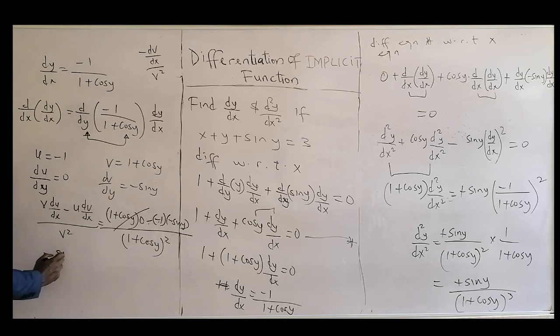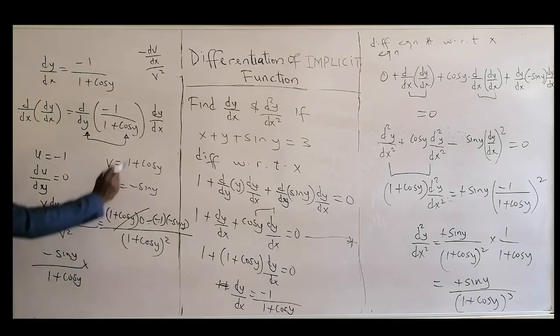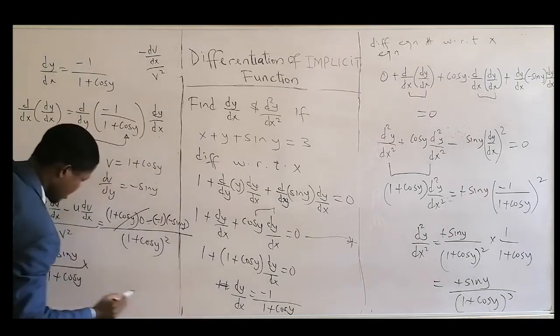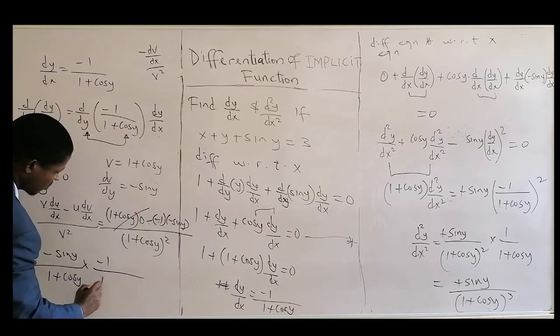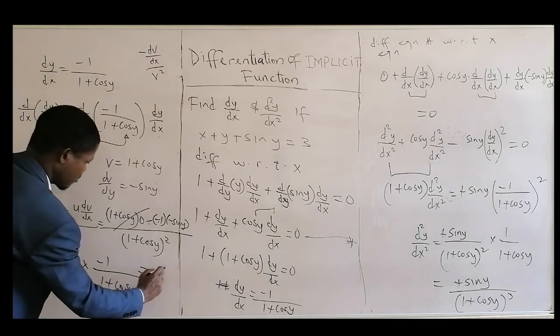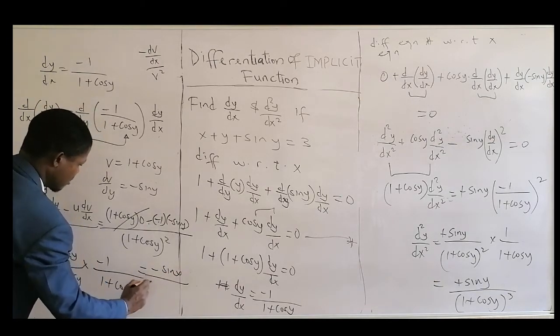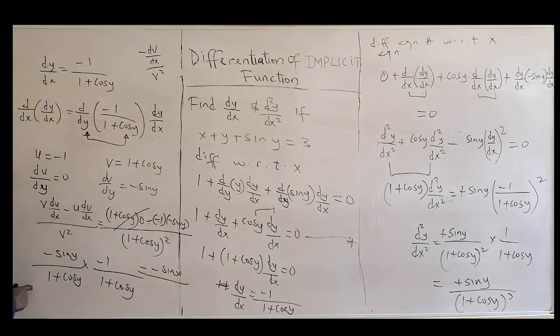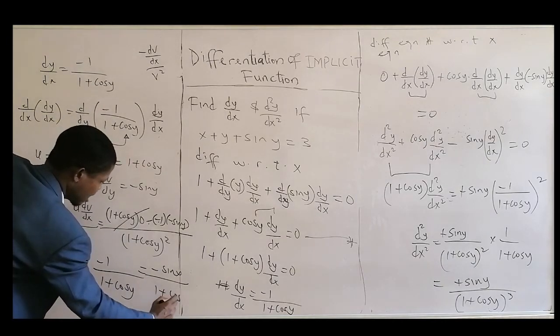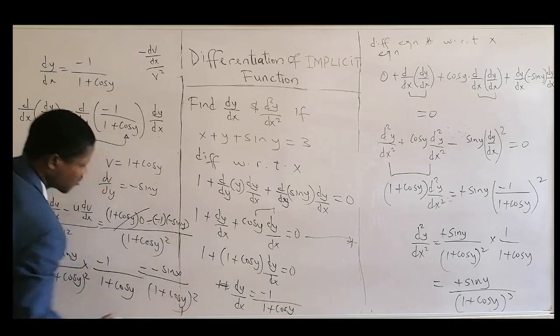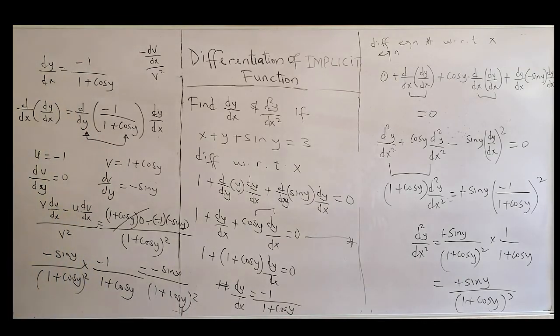Minus sine y over 1 plus cos y, and then times your dy/dx, which we have here, minus 1 over 1 plus cos y. So if you do that, that will give you minus sine y over this one, power 2 here, and that's 1 plus cos y power 2. So that's that on that aspect.